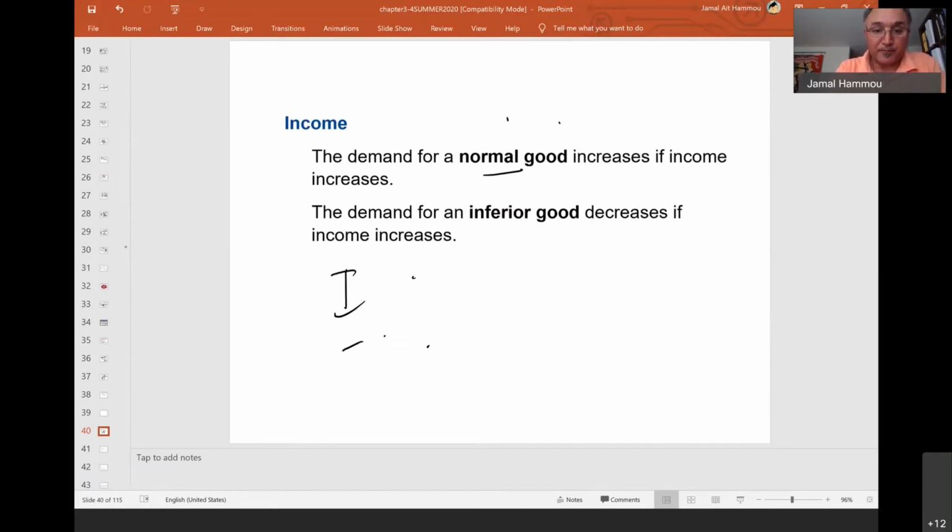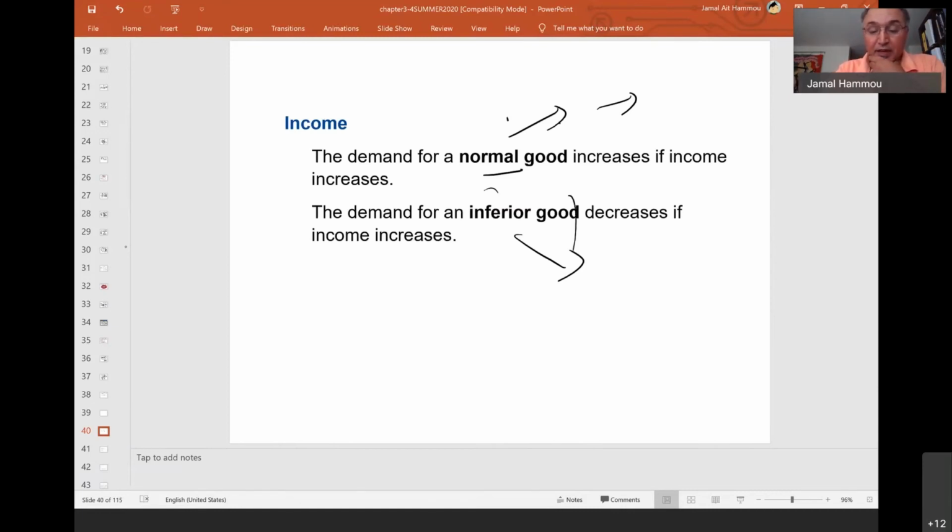That's an inferior good. A lot of the time, eating at home versus eating outside. When people's income goes up, they will go more to eat outside. And if their income goes down, they may stay at home. So fast food could be an inferior good, because people go to fast food if they cannot go to certain luxury restaurants because their income is going down.